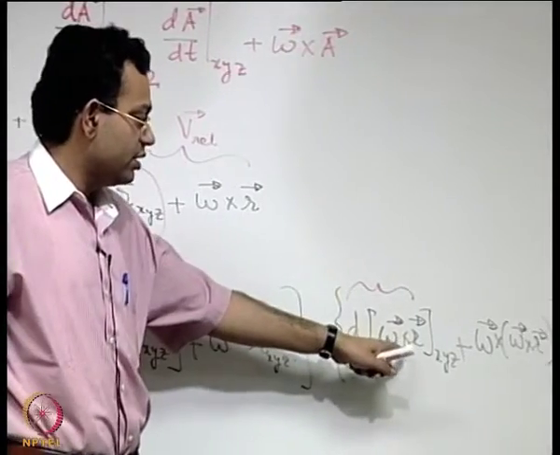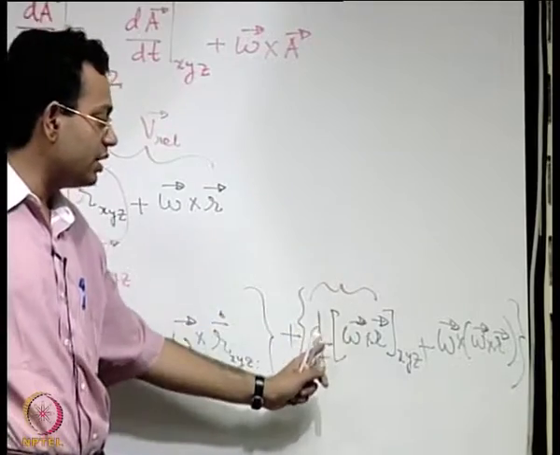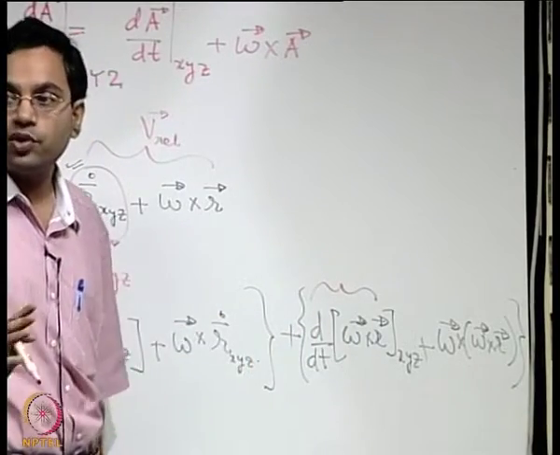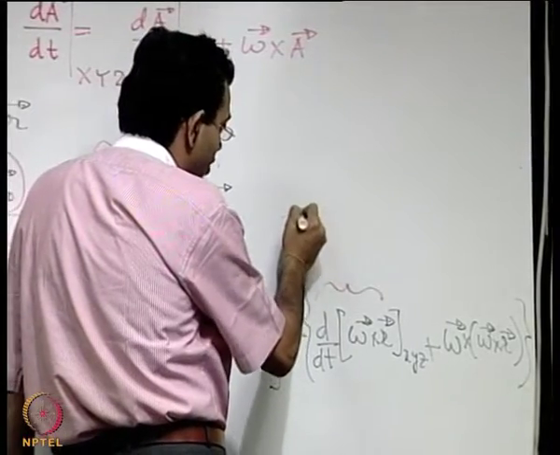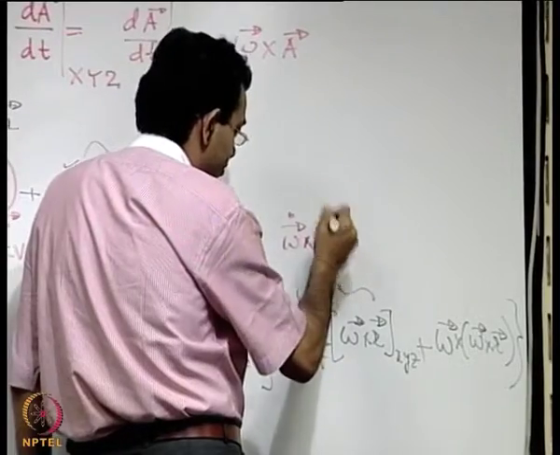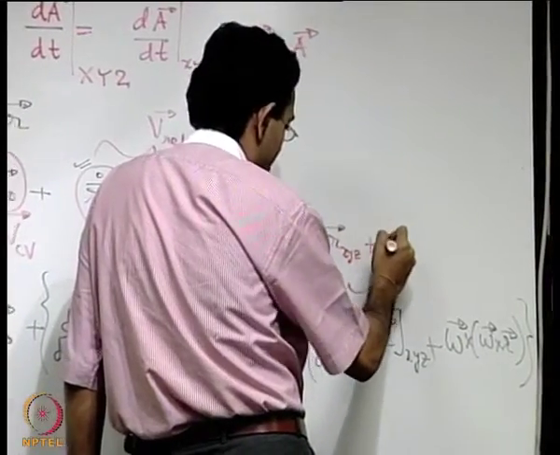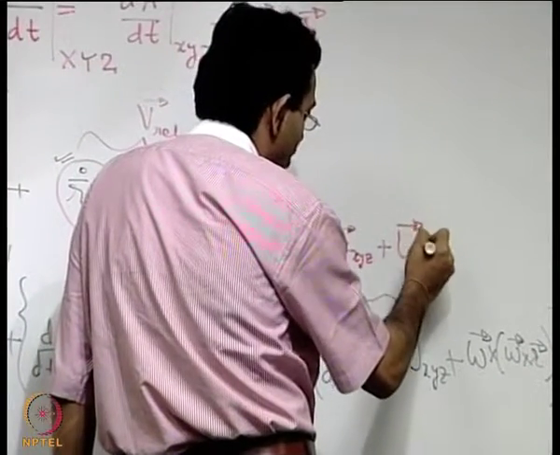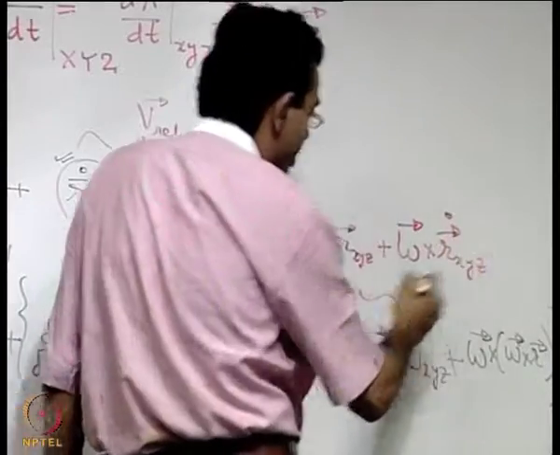This you can differentiate just as if it is like a product rule, but maintaining the order because for the cross product the order is important. So, it is omega dot cross r small xyz plus omega cross r dot small xyz, just like the product rule.